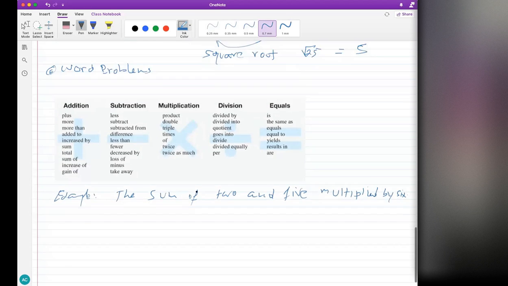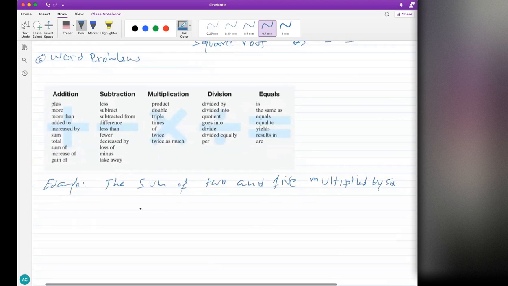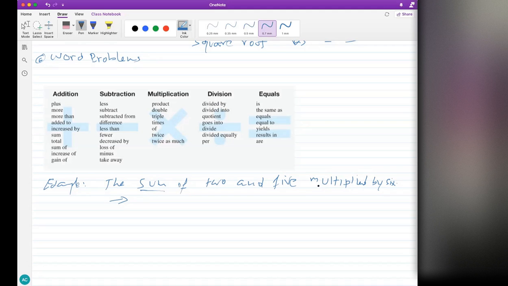That's a sentence rather than an arithmetic expression, so let's translate this. We have some keywords: sum and, of course, multiply. They're pretty straightforward. The sum means addition. So the sum of 2 and 5, so 2 plus 5, multiplied by 6, times 6. Then you use the order of operations as always to simplify.